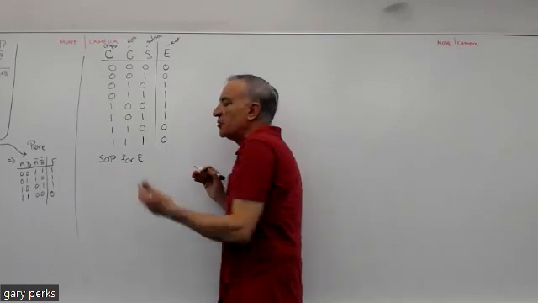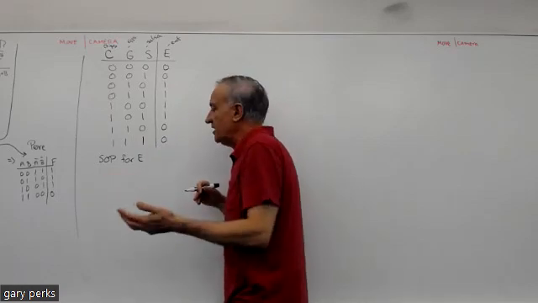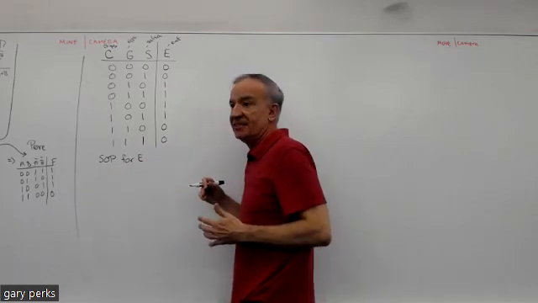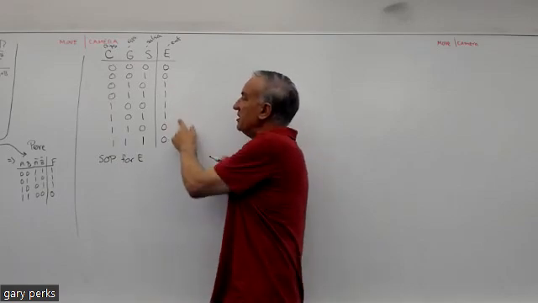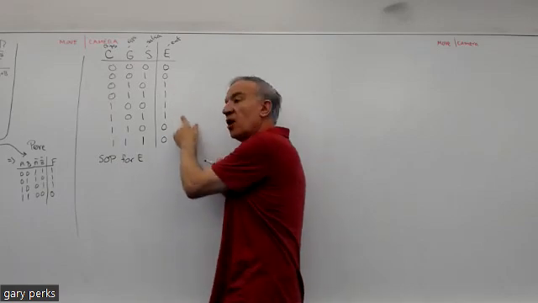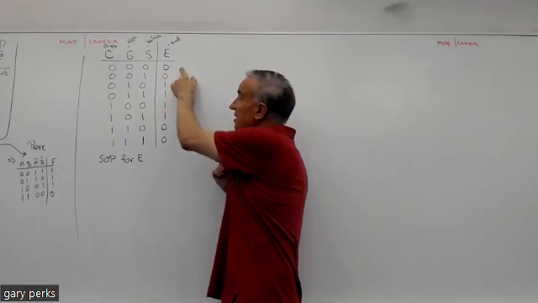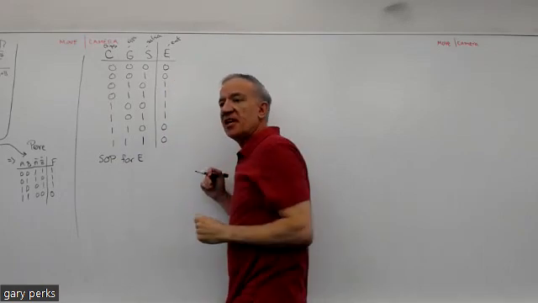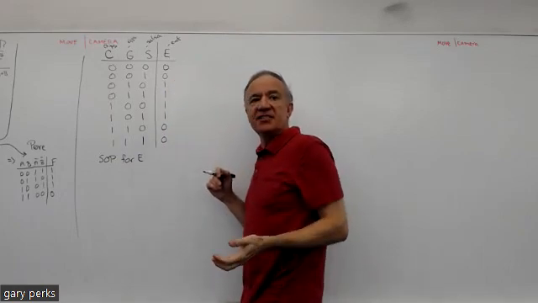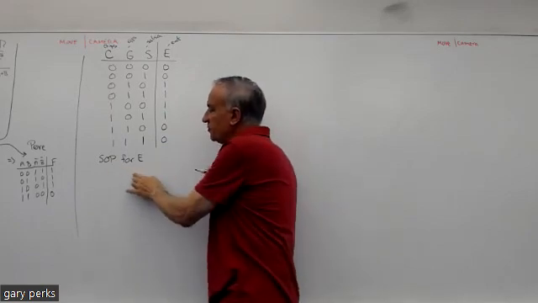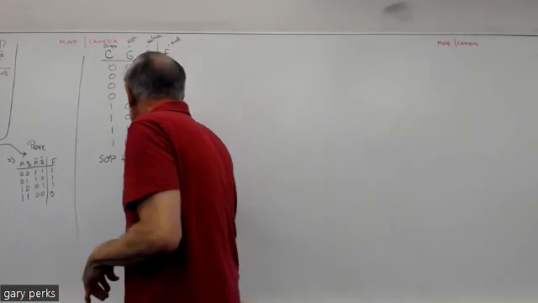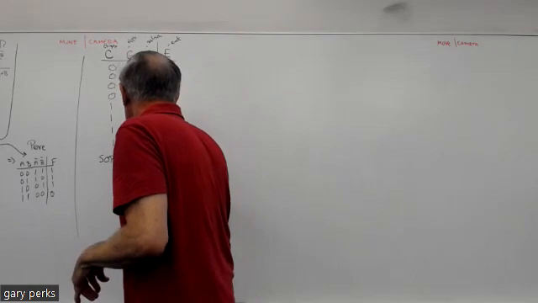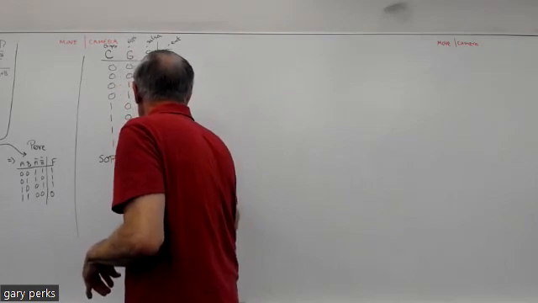You could also do an SOP for what you wouldn't eat. That would be SOP for not E, because E means what I'm going to eat, where there's a 1, and not E represents what I wouldn't eat, which is a 0. But this is SOP for E. And SOP stands for sum of product.